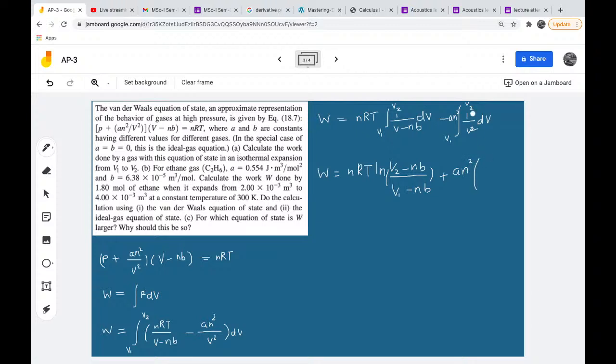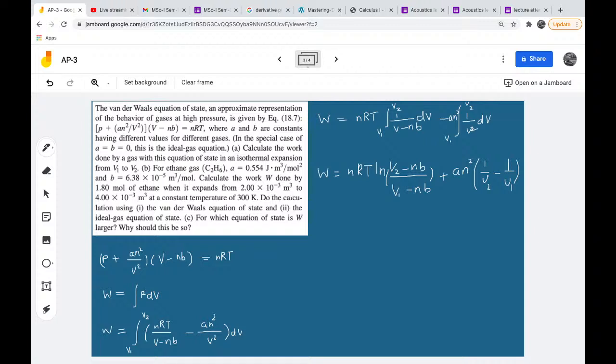When you put the values, it will become 1 over V2 minus 1 over V1. So this becomes my work done. Very straightforward calculation it was.